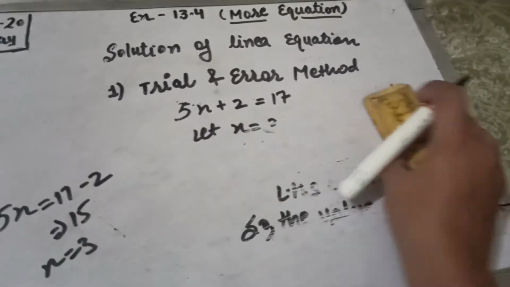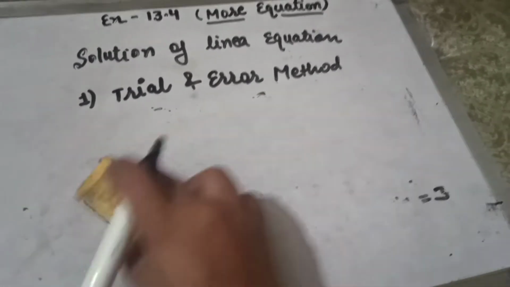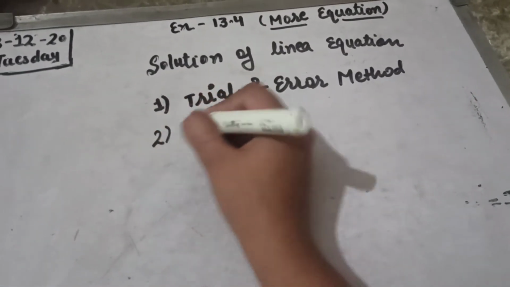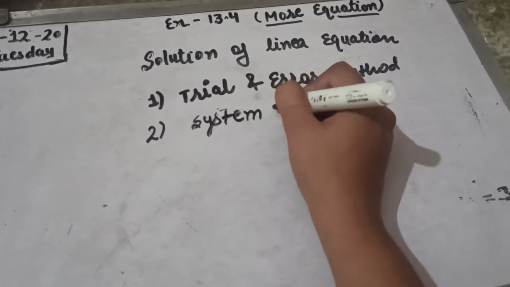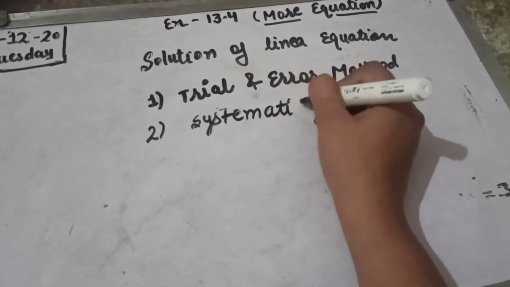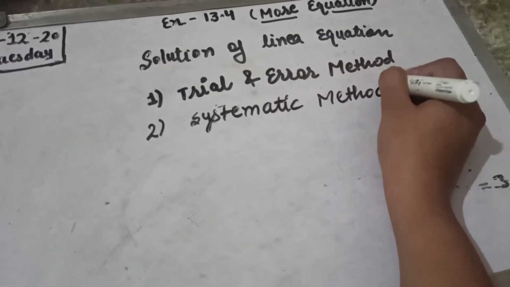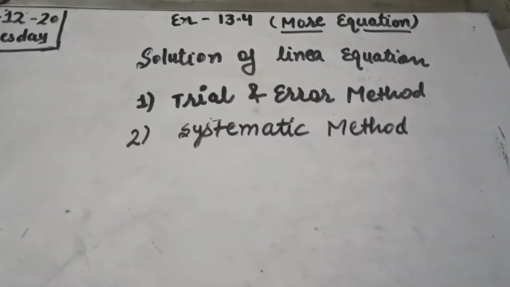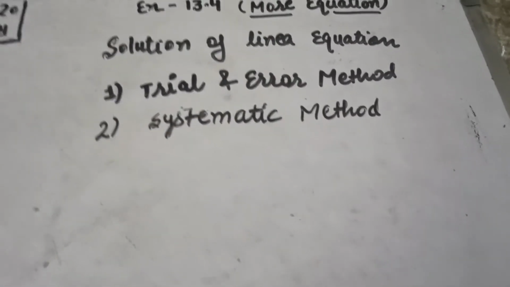After this is trial and error. Second method is systematic method. As the name suggests, systematic means with the proper statement, with the proper system.